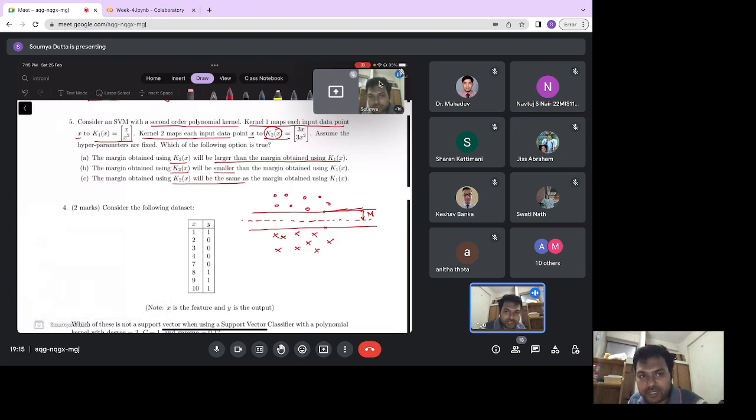Any point which is mapped to x and x squared by the first kernel is equivalently mapped to 3 times that point by the second. So suppose this is the point which was mapped by k1(x); then the corresponding point mapped by k2(x) will be much higher, let's say somewhere here.